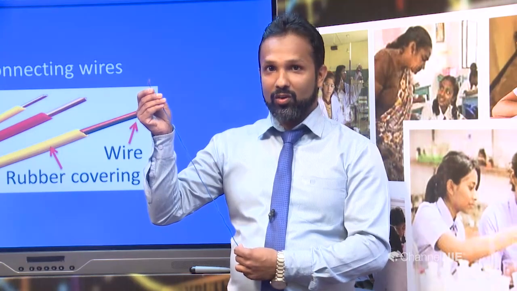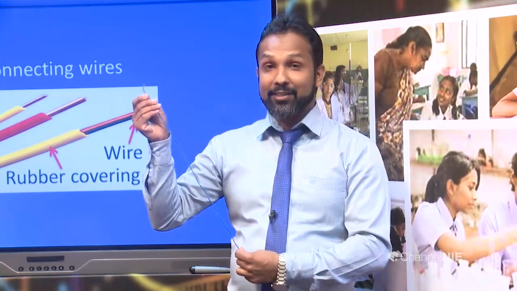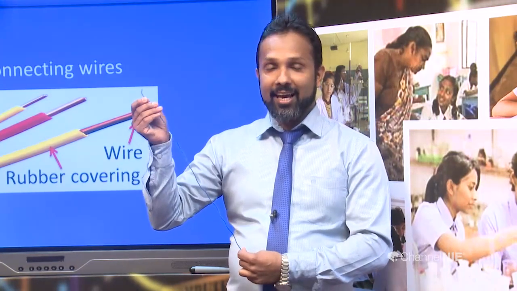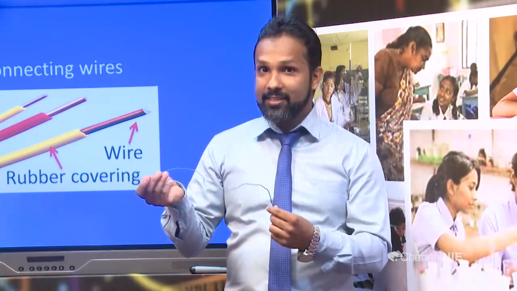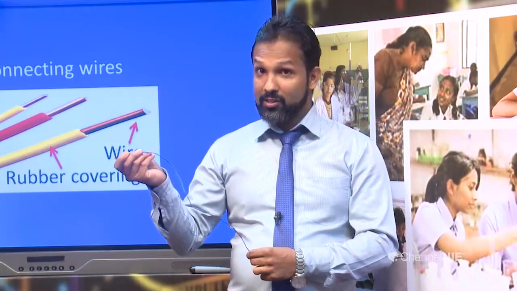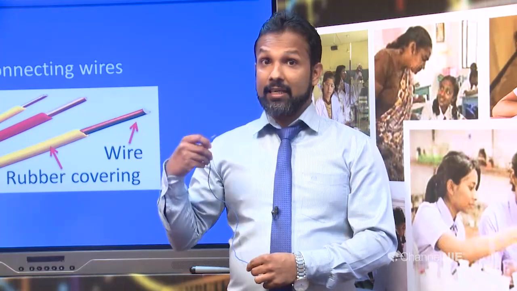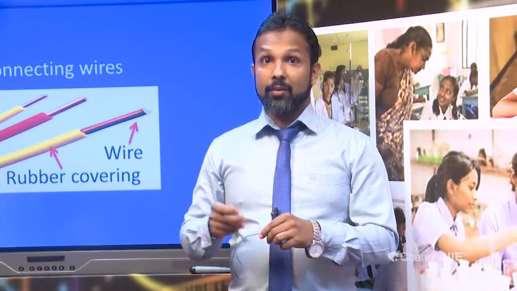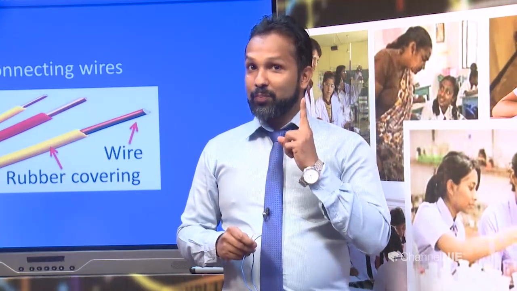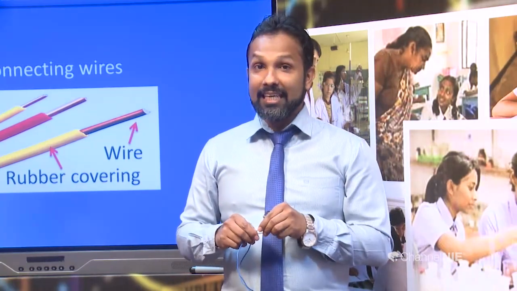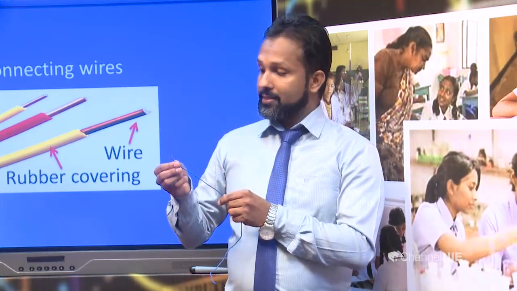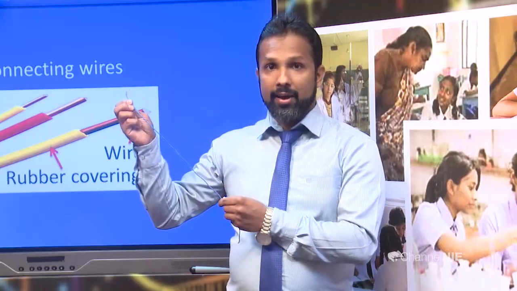Though we use electricity for our day-to-day activities as well as for making circuits, we have to use it very carefully, because if there is an electric leakage, there may be accidents. So we have to take precautions before using electricity. That is why connecting wires are covered by rubber.